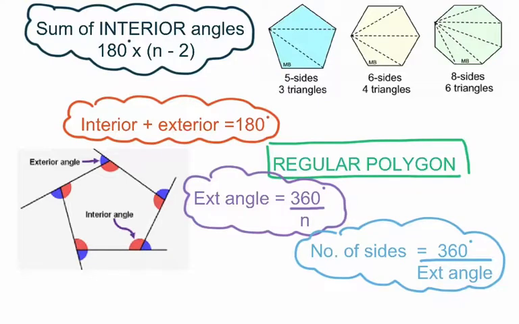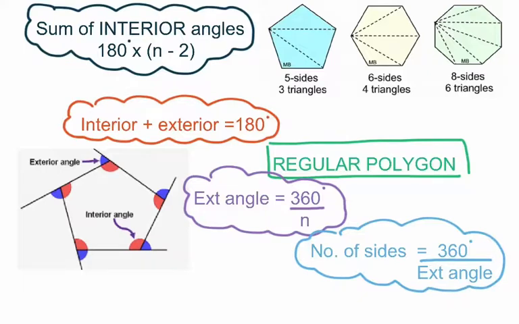So that formula there that says 180 degrees times n minus 2, that should be familiar to you. And remember that n is the number of sides. So for a 5-sided shape, we would do 180 times, in brackets, 5 minus 2, and we should therefore get an answer of 540 degrees.